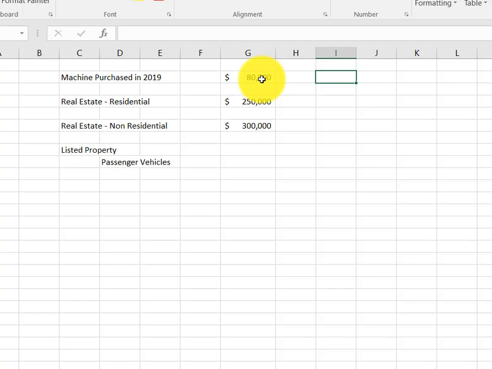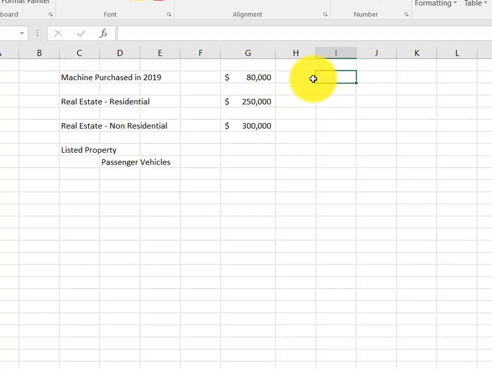But both of those are elected amounts. So you could elect, if you wanted to leave some of the depreciation for a later year, to not use special depreciation for all of it, but just for part of it, or Section 179 for part of it.